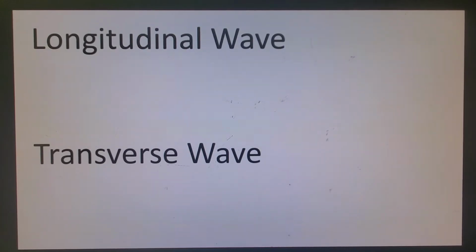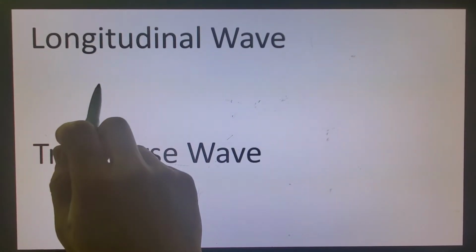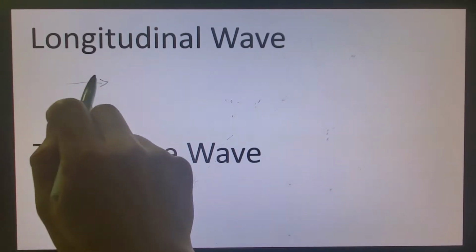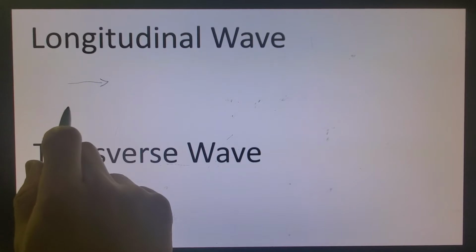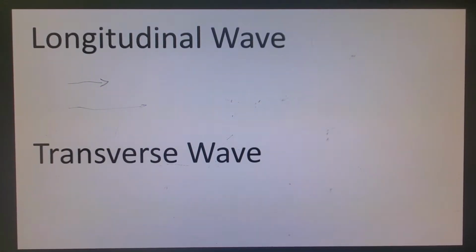There are 2 types. The first type is called longitudinal. In this case, that means the direction of the wave generation is parallel to the propagation of the wave. What do I mean by that?